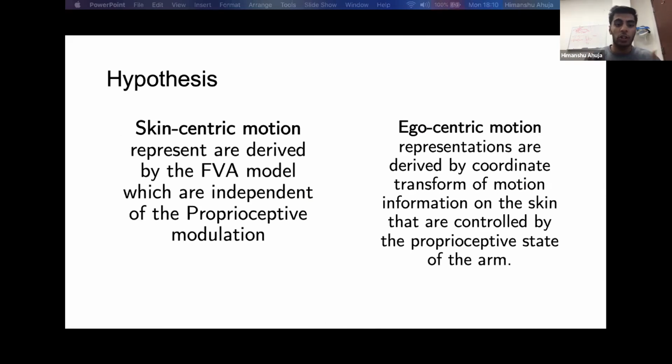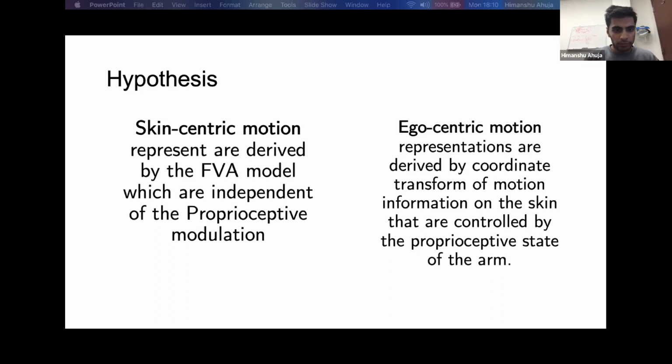So no matter if the hand is in the horizontal, inverted vertical, or vertical position, we're going to see the same skin-centric motion. But in the egocentric motion case, where the representations are derived by a coordinate transform of the motion information presented on the skin, that would be controlled by the proprioceptive state of the arm.